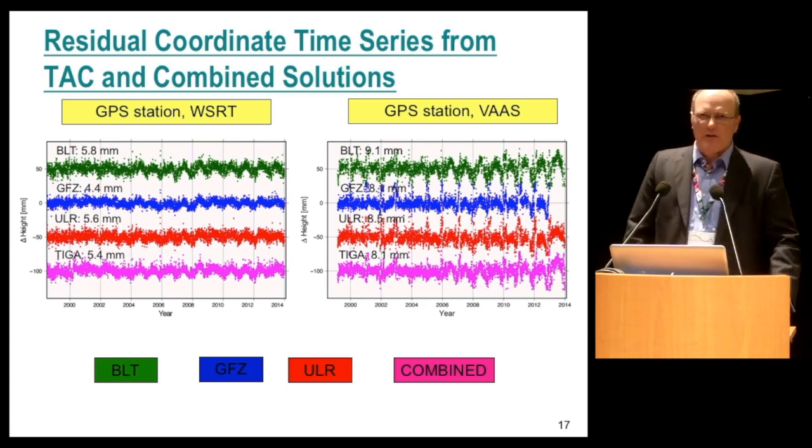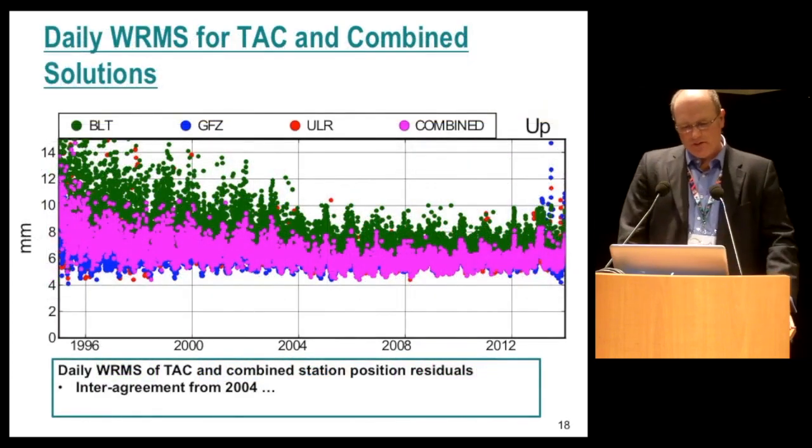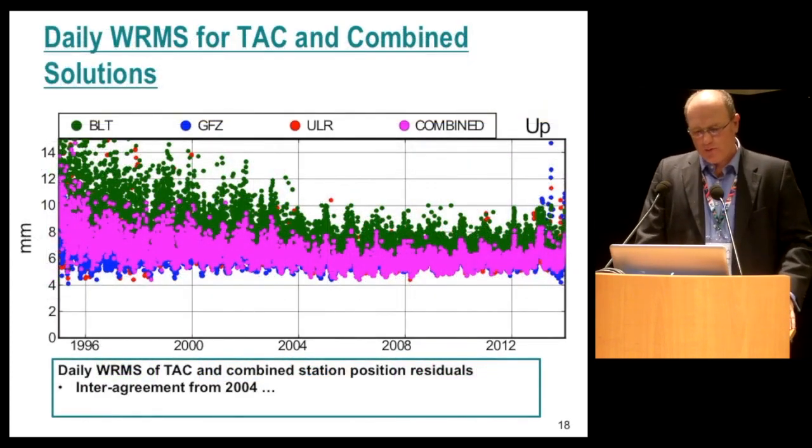When we look at the daily RMS over all stations for the combined solutions, we see the plots that we know from the IGS as well. The RMS of the height component is in green and blue, in red the contributions from BLT, GFZ and ULR, and in pink the combination.